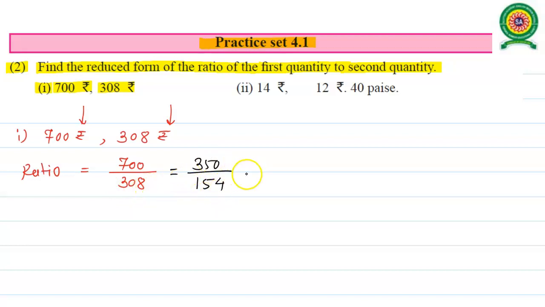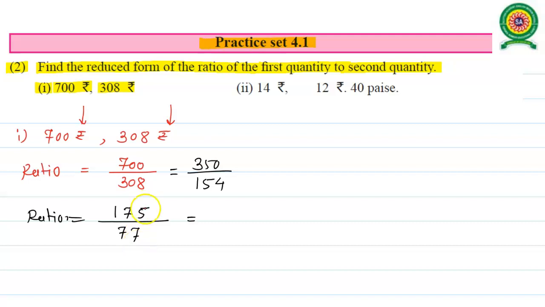Now both are again divisible by 2, so that once we are dividing numerator and denominator by 2, we will get the ratio in the form 2 ones are 2, 2 sevens are 14 and 2 fives are 10. That means 175 twos are 350. Now 2 sevens are 14 and again 2 sevens are 14. That means 77 twos are 154.